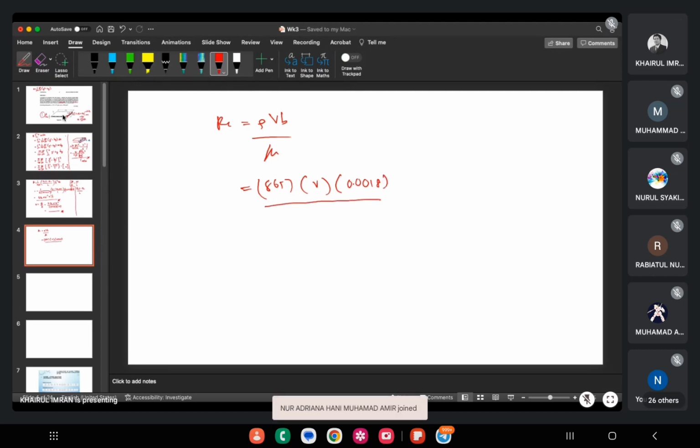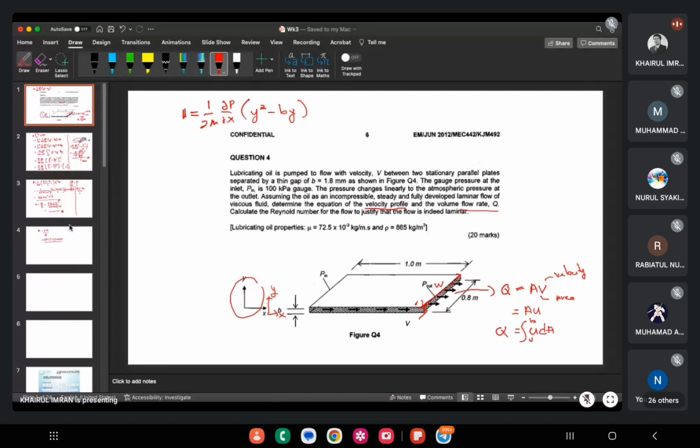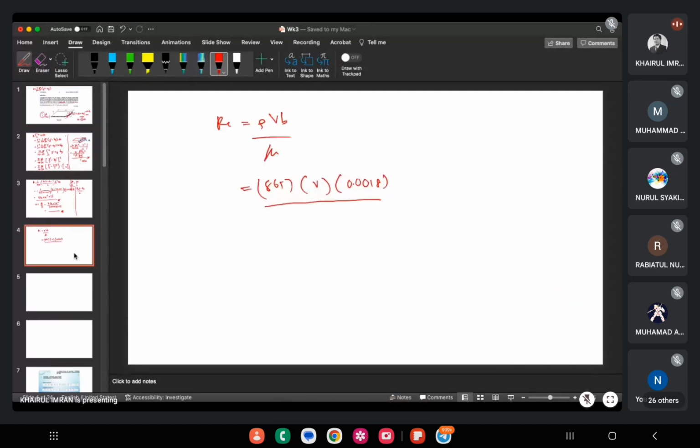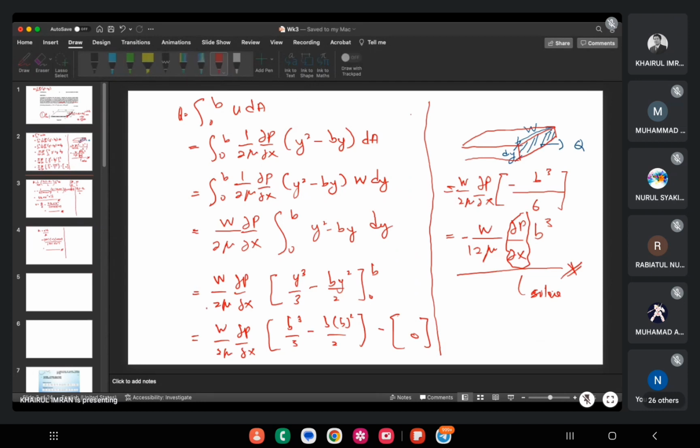What was mu? 72.5 times 10 to the power of negative 3. Okay, so this is the Reynolds number value. You just calculate, but I want to point it out further.